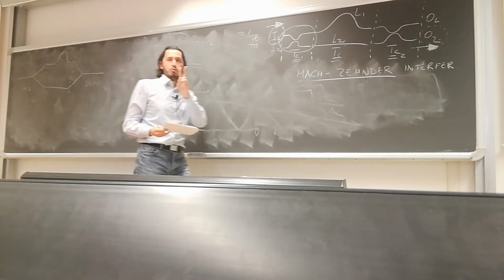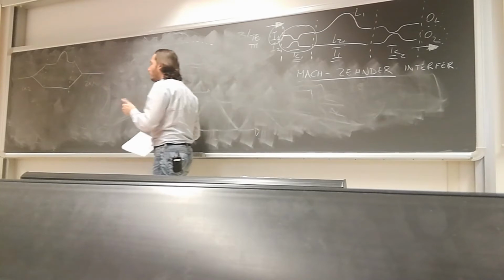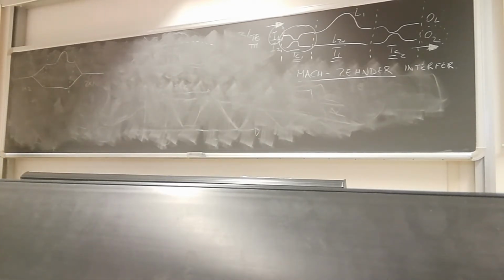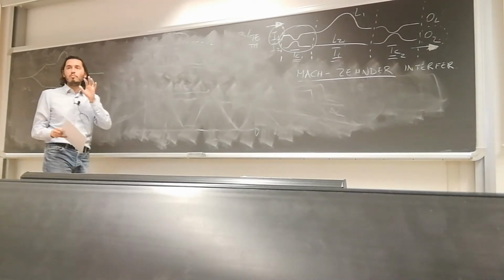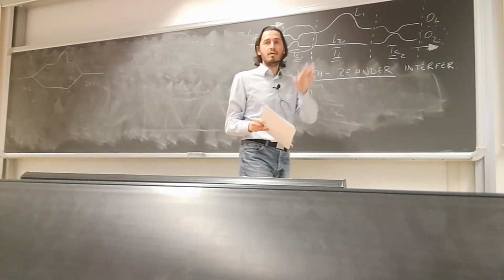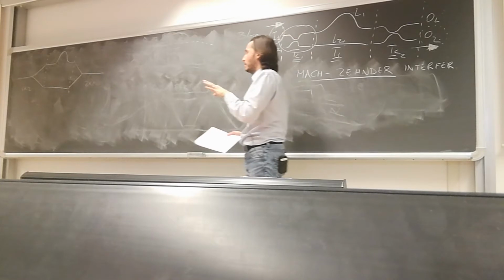And just let me do two comments. First, do you remember what is the main difference between, if I want to realize a 3 dB coupler, do you remember what is the main difference between using a directional coupler and a Y branch?